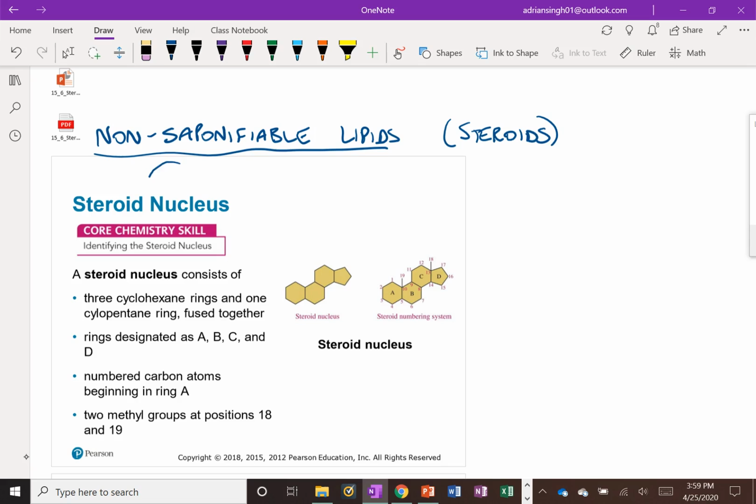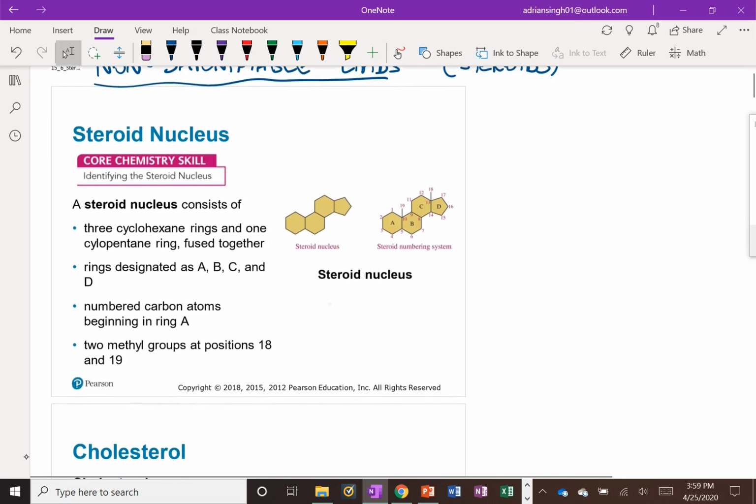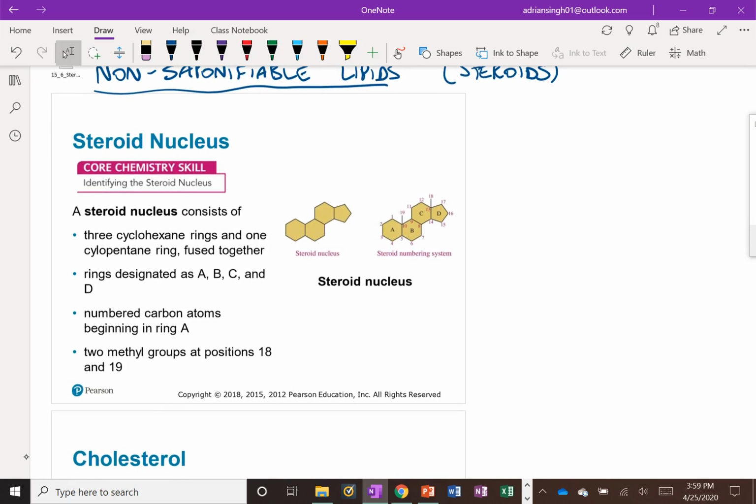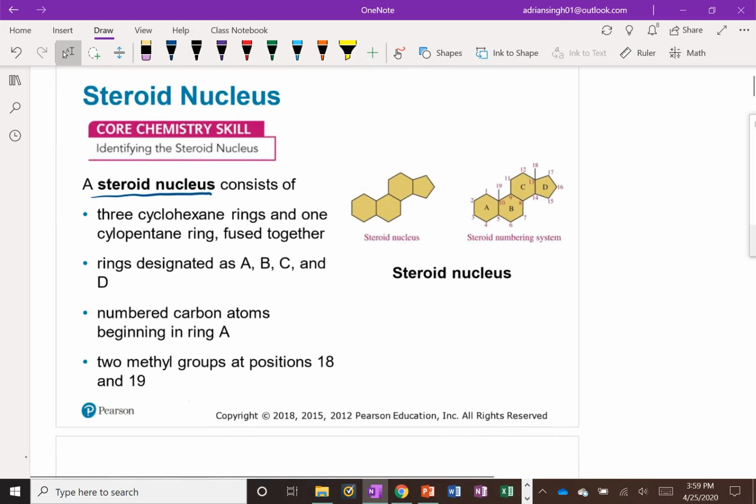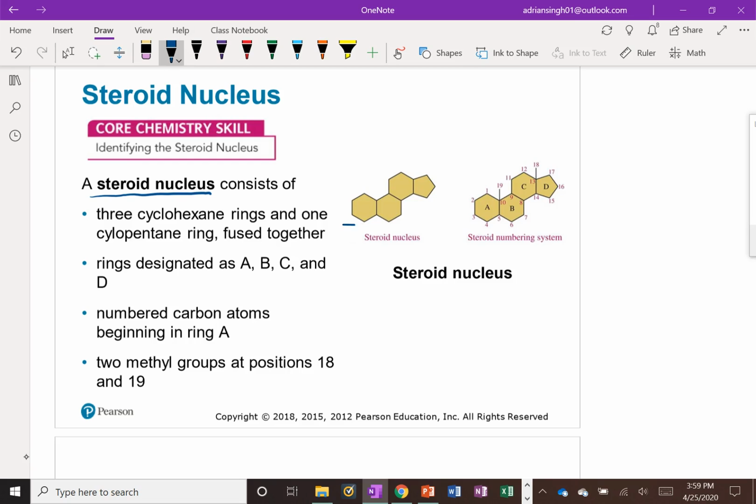And steroids are characterized by having a very distinctive structural feature, which we refer to as a steroid nucleus. What it's made up of is 3 cyclohexane rings fused to a cyclopentane ring, right? And you'll see that in every single steroid.